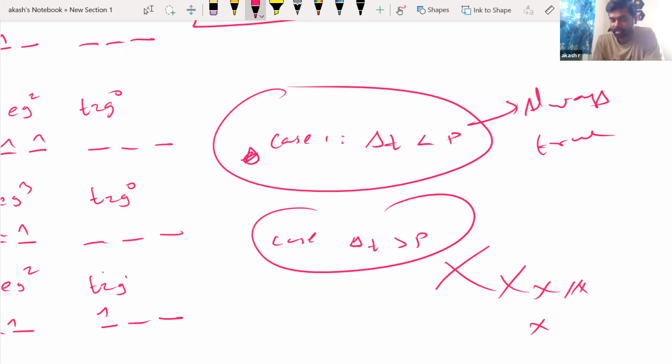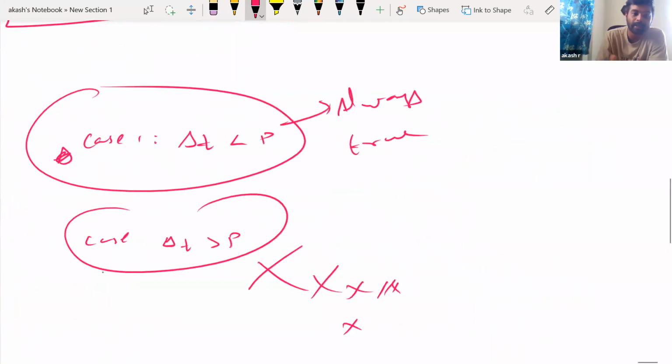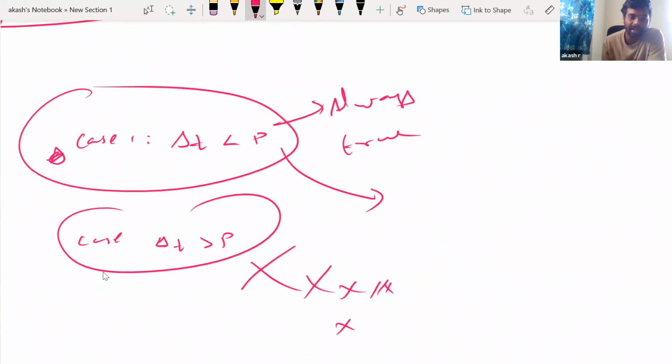The reason is very obvious: compared to octahedral complexes, tetrahedral splitting energy is very small. Since it's very small, it cannot be greater than the pairing energy. If the pairing energy is greater, pairing will not happen because pairing energy is very high. Obviously, the electron will shift to the higher energy orbital.